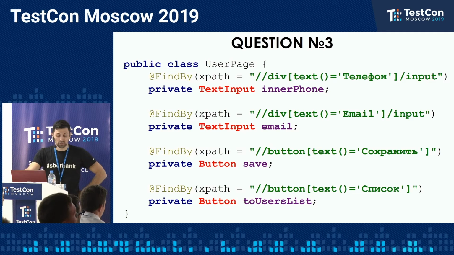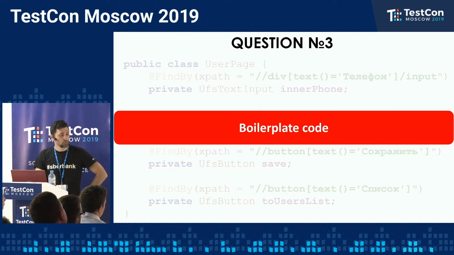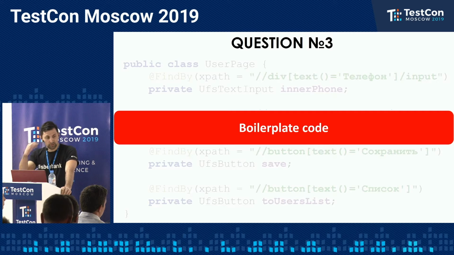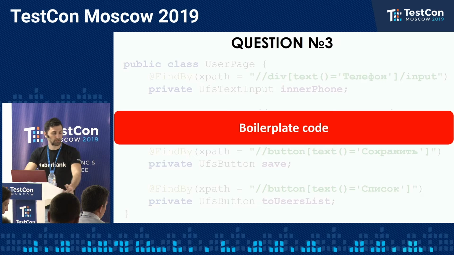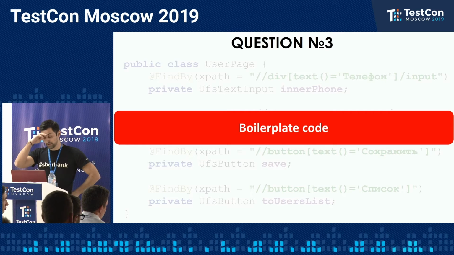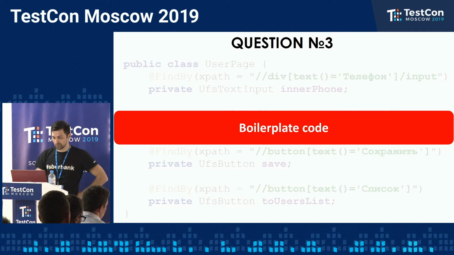The third question is, you're going to have a lot of those elements. You have more than one page. You describe different blocks, different web elements, and you have crazy boilerplate code that you would like to get rid of. You have a constructor and some getters that help you work with them.